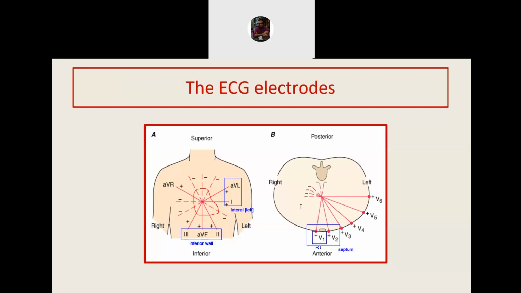V3 and V4 look at the anterior wall of the heart, and V5 and V6 look at the left lateral wall of the heart. Is it clear to everyone?